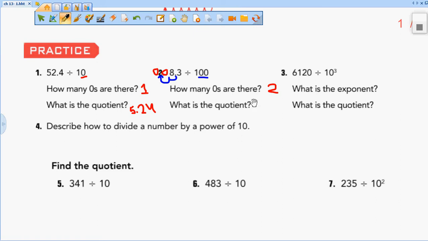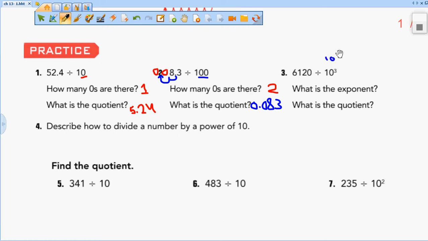So the answer is 0.083. And here in this example, I have 6,120 divided by 10 to the power of 3, or 1,000.